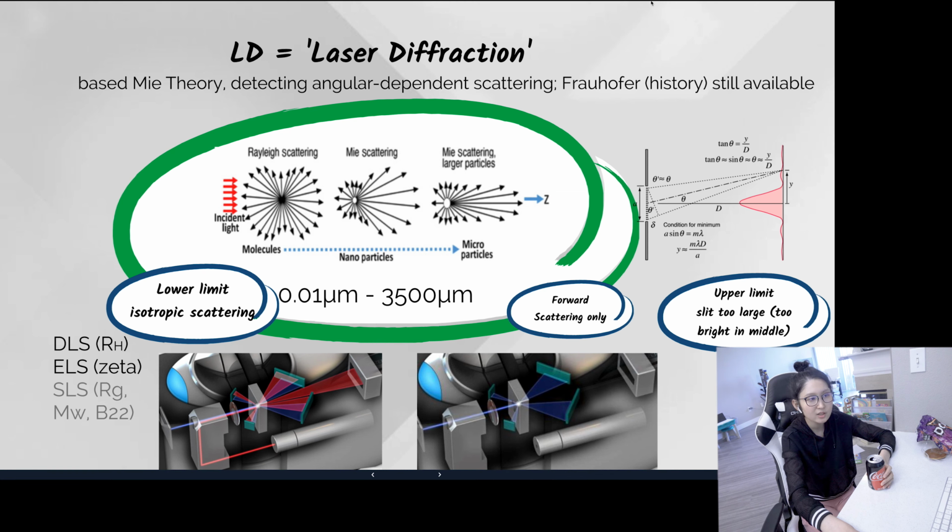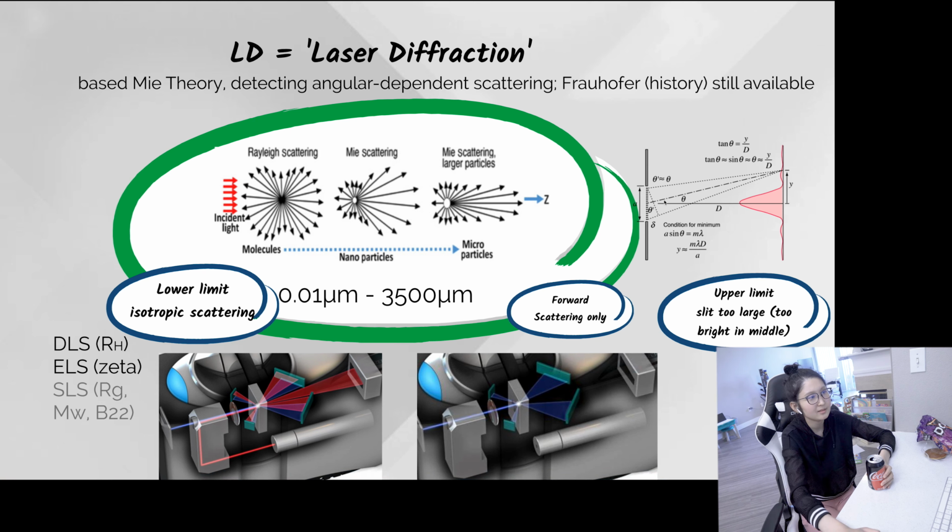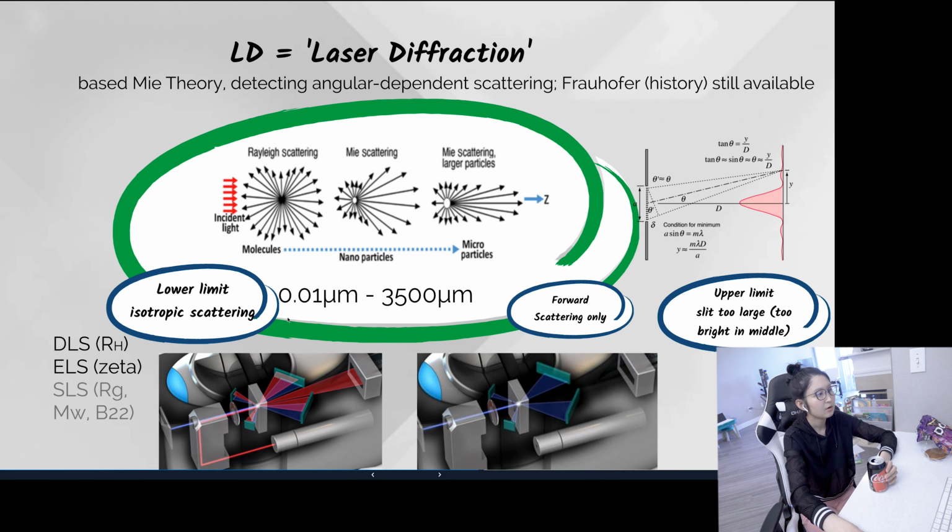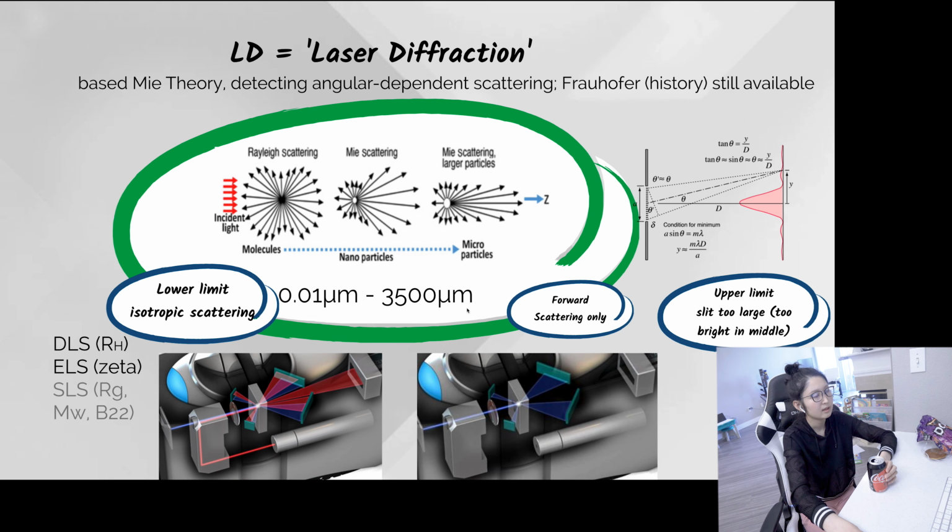As you can imagine, when the slit gets too wide, the majority of the light will just hit the center and there's no way to see the patterns over there. And you couldn't even block the center because that becomes a double slit experiment, which is not measuring the particle size anymore. So that's the range of particle size that works well with laser diffraction.